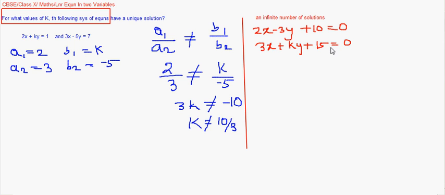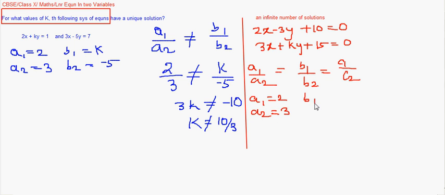When it has an infinite number of solutions, what is the condition? a1 by a2 should be equal to b1 by b2, which should be equal to c1 by c2. In the given pair of equations, a1 is 2, a2 is 3, b1 is minus 3 and b2 is k, c1 is 10 and c2 is 15.